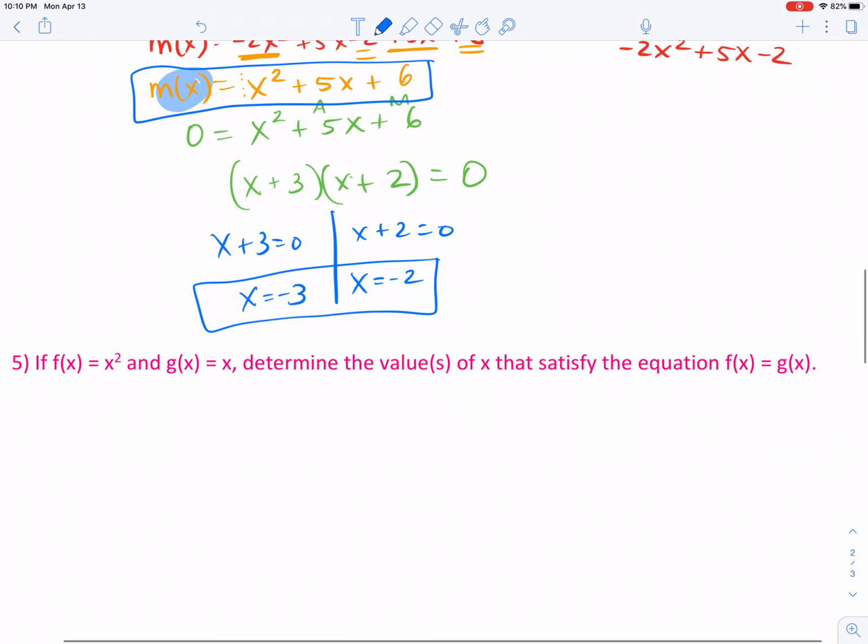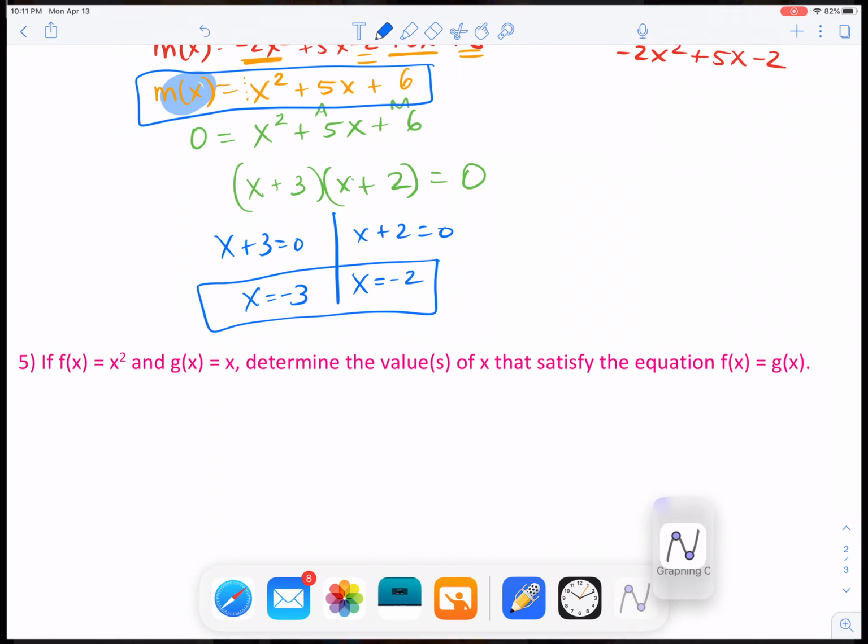Okay, here number 5, they're giving us f of x and g of x. They want us to determine the values of x that satisfy the equation f of x equals g of x. So they want to know when these two functions are equivalent. Now graphically we could do that.